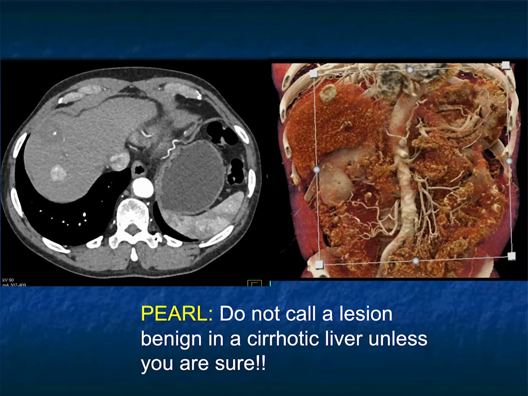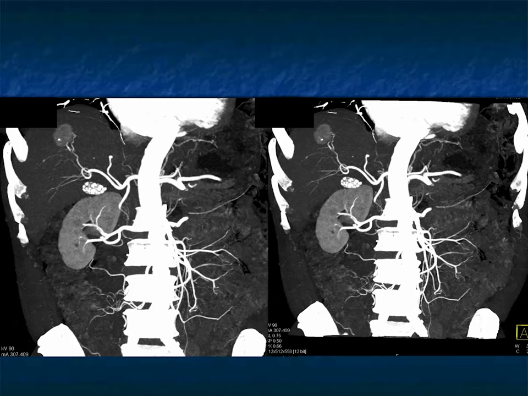And so in cirrhotic livers, I feel very uncomfortable calling things hemangiomas. Remember, hemangiomas are really cystic lesions of blood, and in a cirrhotic liver with fibrosis, these will collapse. Take a look at your next 100 cirrhotic livers. You'll never see a hemangioma.